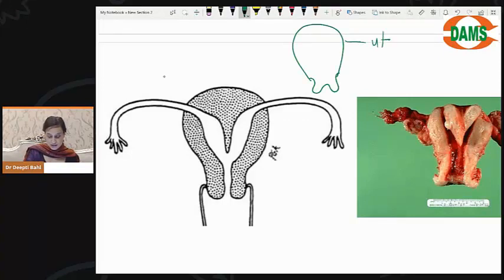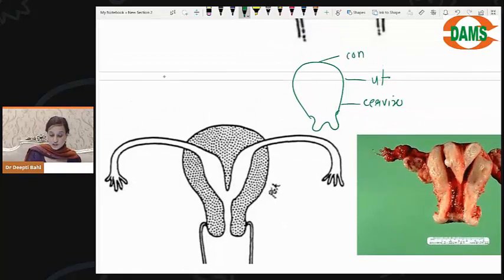This is the uterus, this is the cervix, which means the normal external contour has to be convex upwards. Yes, it is convex upwards. Is this right? So whenever you get an image in your exams, the first thing I have to teach you is that you have to look at the external contour. Now, just stop giving me your diagnosis.